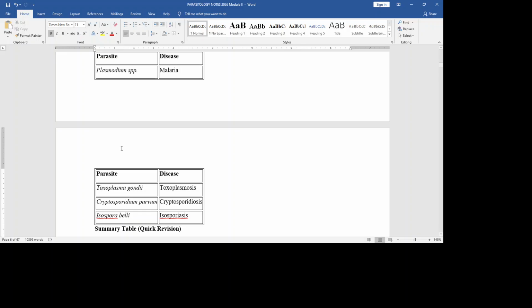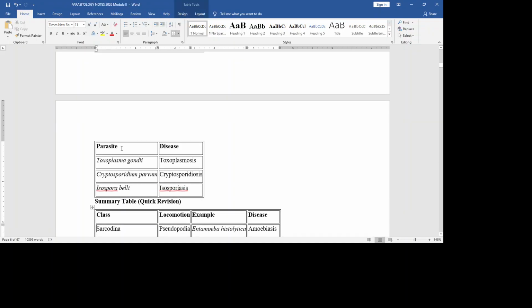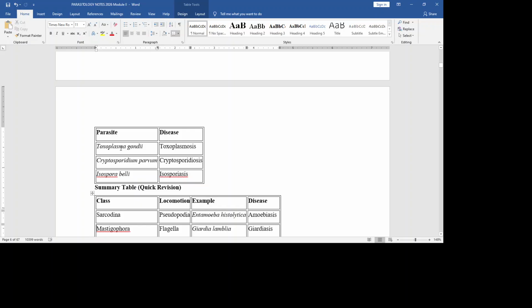These are typical intestinal coccidia, and they have no defined organ for locomotion, but they depend on the host for survival and movement.